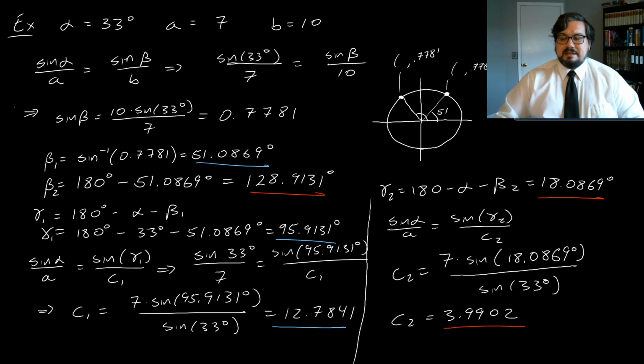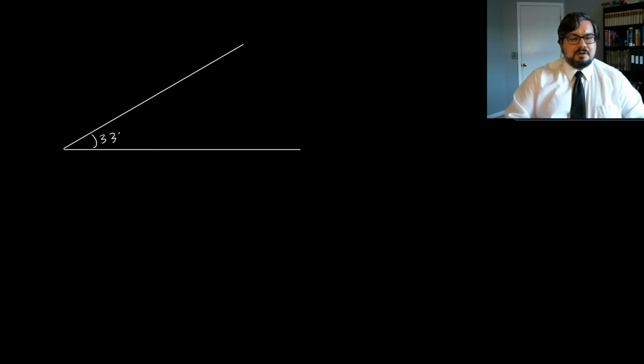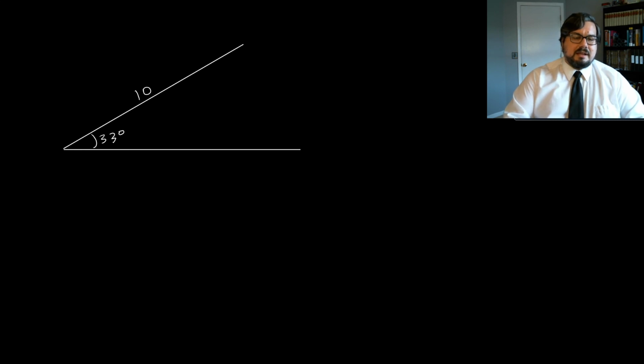So let's see what the picture is that represents this situation. So similar to before, we can think about trying to construct things by starting with an angle of 33 degrees here, and have a side length of 10, and we're trying to draw a line segment over here with length 7.